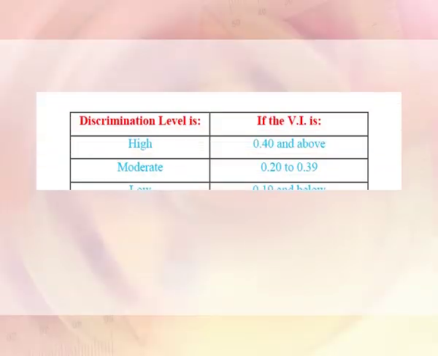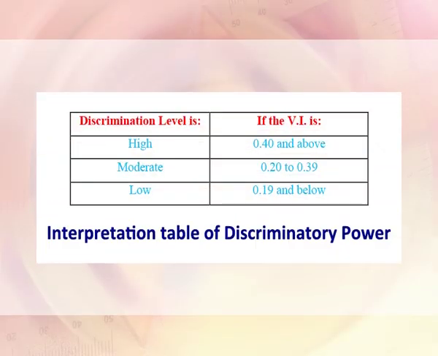Validity of an item means the extent to which the item measures the same thing which is measured by the whole test. In a way, it is an index of homogeneity of items. This is also known as discrimination index because it is calculated on the basis of discriminating an item makes between the top and the bottom group.